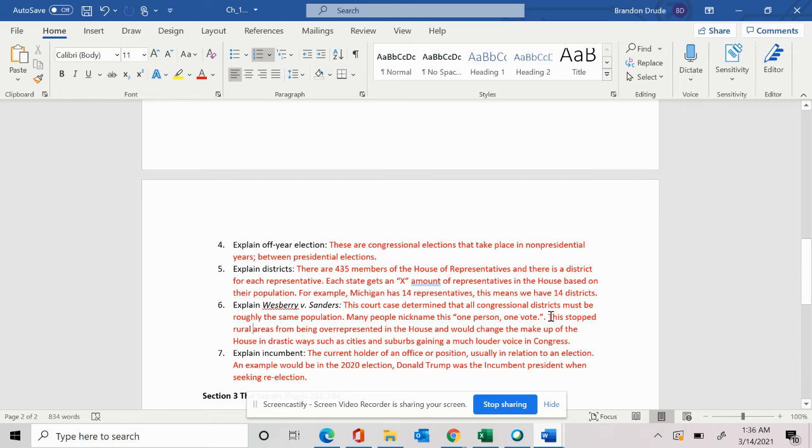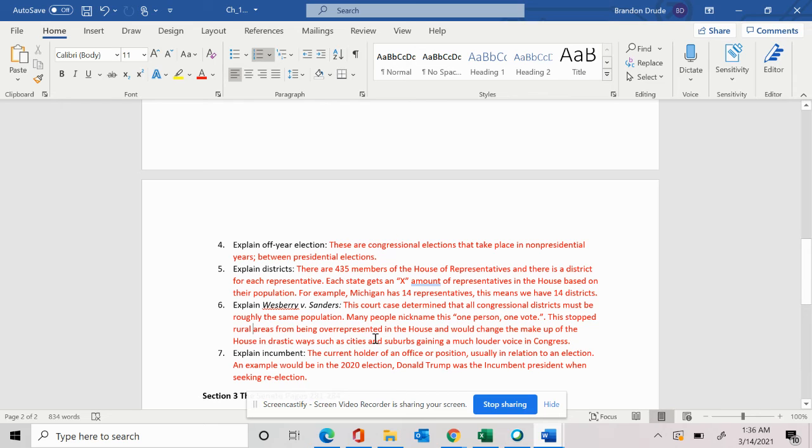So this stopped rural areas, places that don't really have a lot of people, from being overrepresented in the House. Before this, people in those less populated areas were overrepresented in the House. And this would change the makeup of the House drastically.